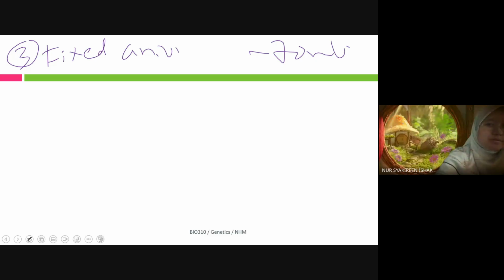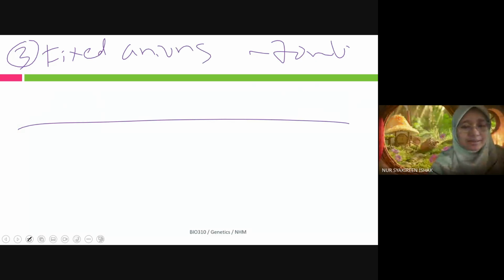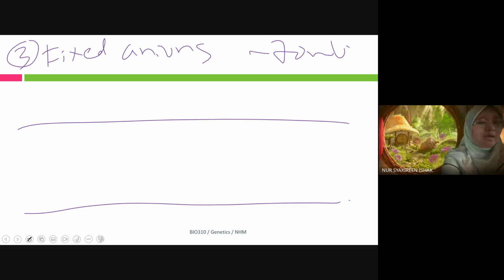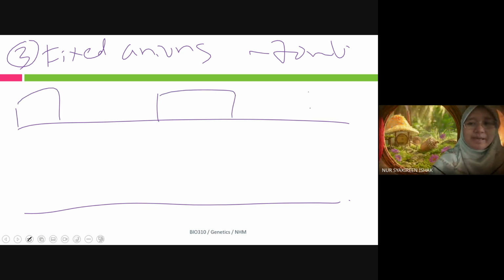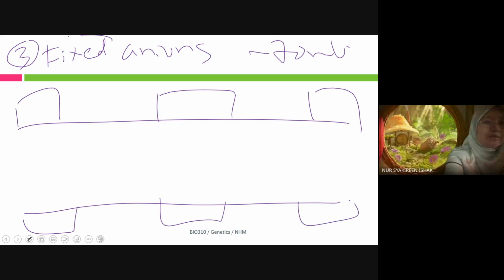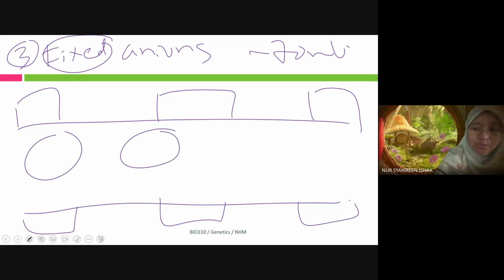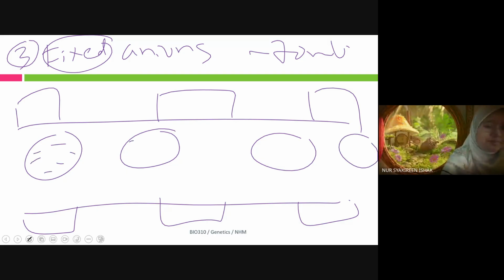Okay, again, this is the membrane of the axon. Okay, we have here the myelin sheath covering the axon. Okay, so what are fixed anions? Fixed anions are large macromolecules inside cells that are negatively charged.